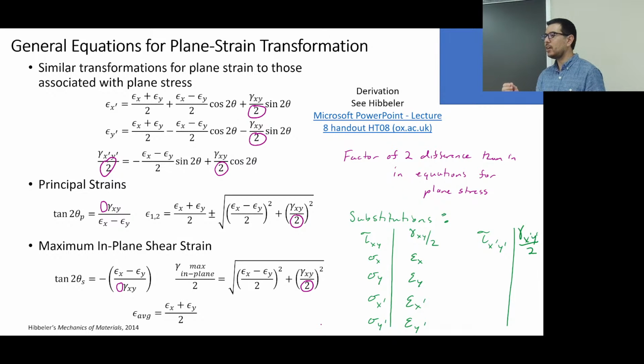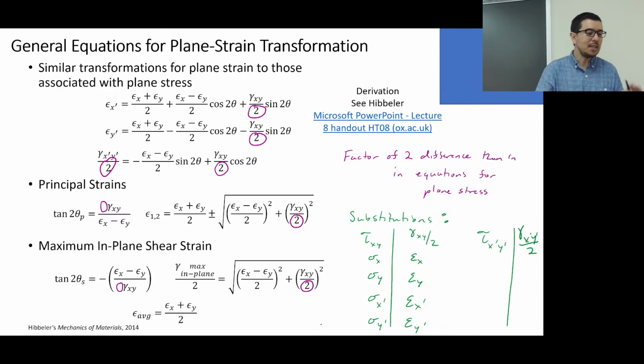I said, look, it's like half of the true shear strain. That was the E12, E13, E23, okay, in Pre-Post Max.